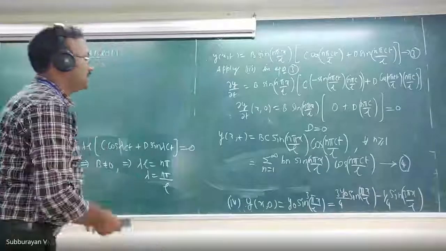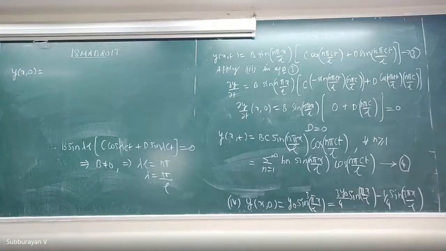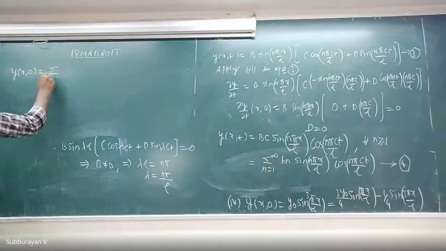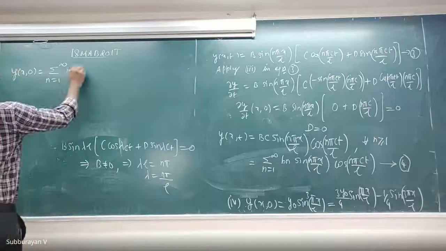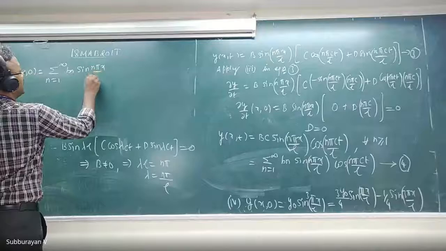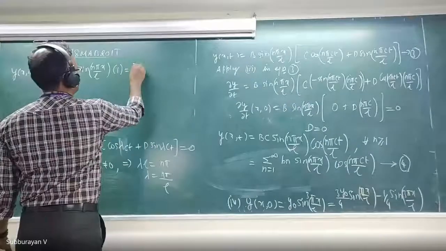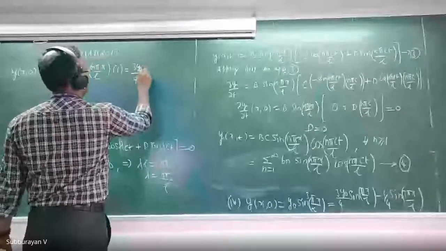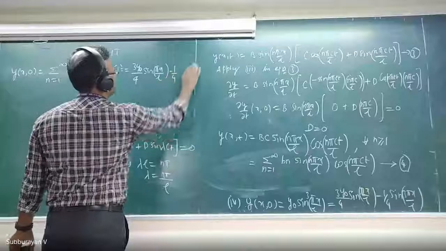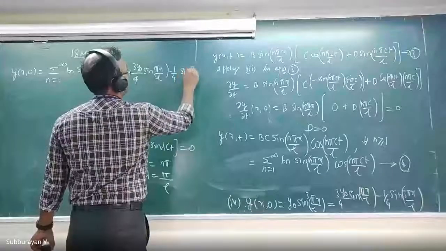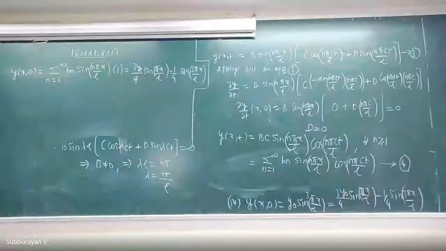Therefore, our y of x comma 0 is equal to summation n equal to 1 to infinity b_n into sin n pi x divided by L into cos 0, that becomes 1, which is equal to 3y0 by 4 into sin pi x by L minus 1 by 4 into sin 3 pi x by L.